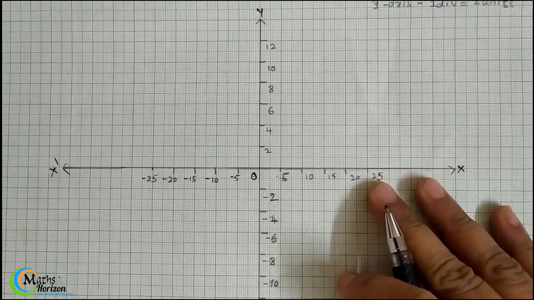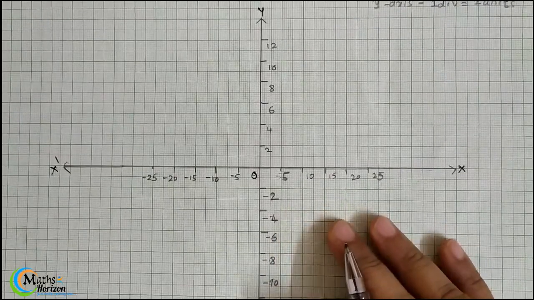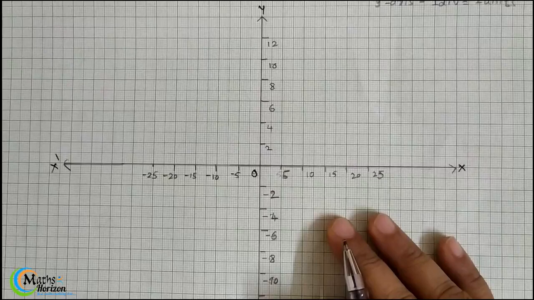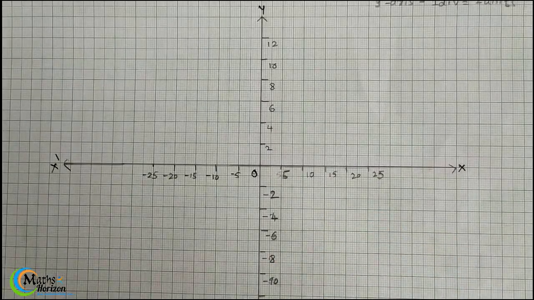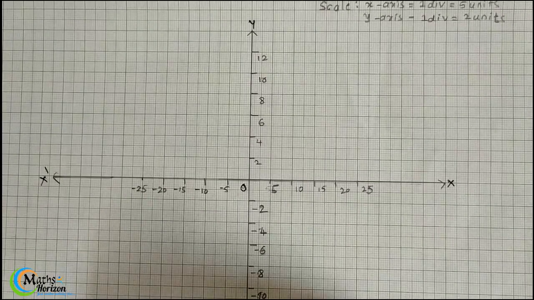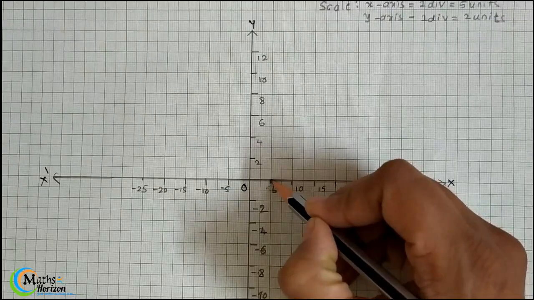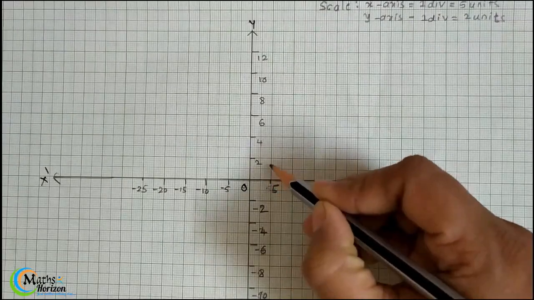Now we have to plot the graph by placing the coordinates on this system. So you can see the first coordinate for the first equation, that is when x is 5, y value is 10. When x is 5, y is 10.